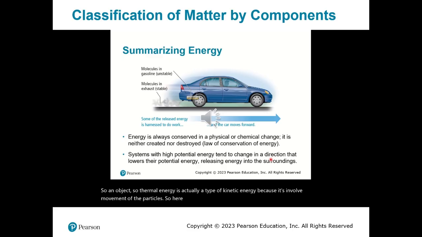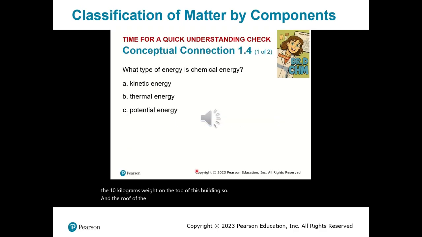So that is the conservation of energy. Energy is always conserved in a physical or chemical change. Systems with high potential energy tend to change in a direction that lowers their potential energy, releasing energy into the surroundings.